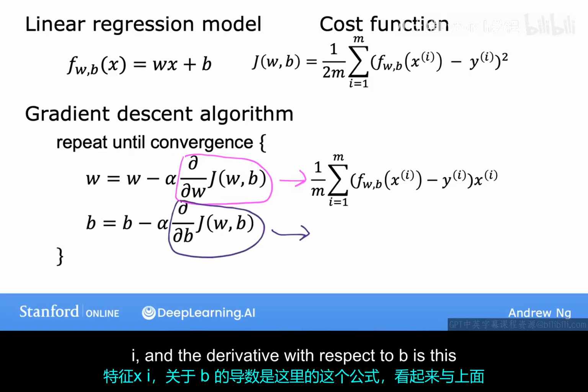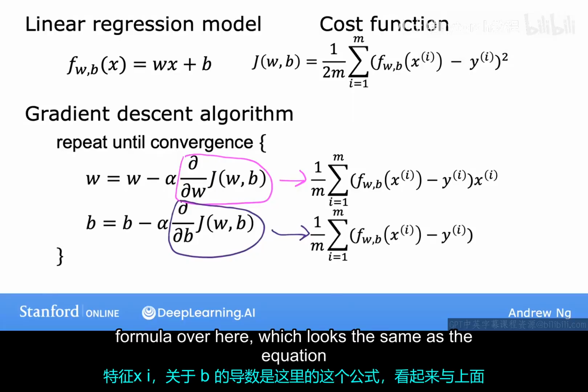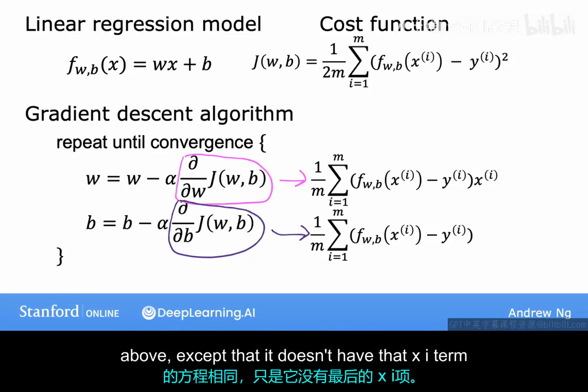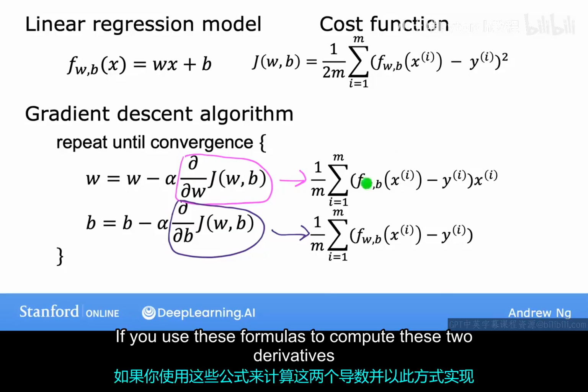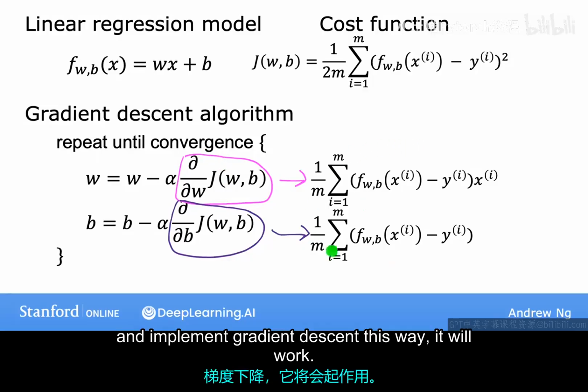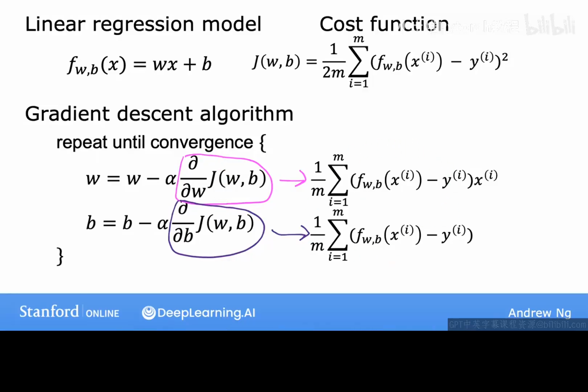And the derivative with respect to b is this formula over here, which looks the same as the equation above, except that it doesn't have that x_i term at the end. And if you use these formulas to compute these two derivatives and implement gradient descent this way, it will work.